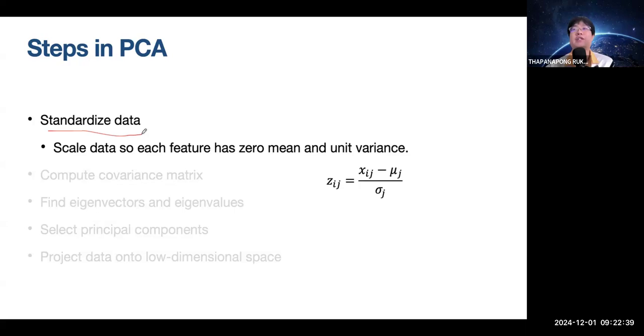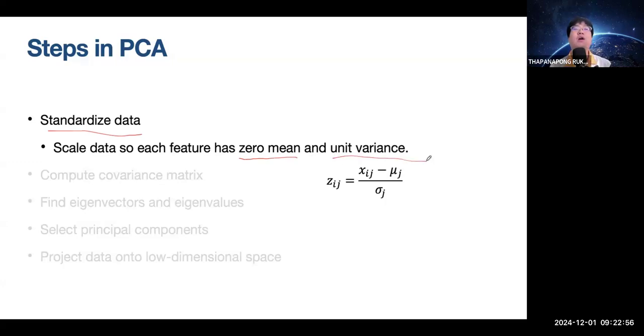So in PCA, if you want to find the variance, the data for each feature should have zero mean and unit variance.